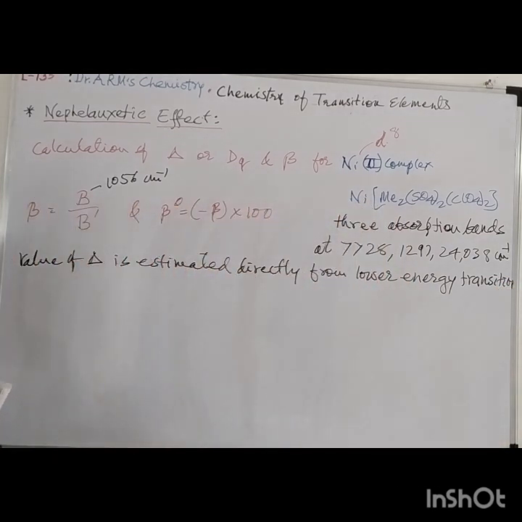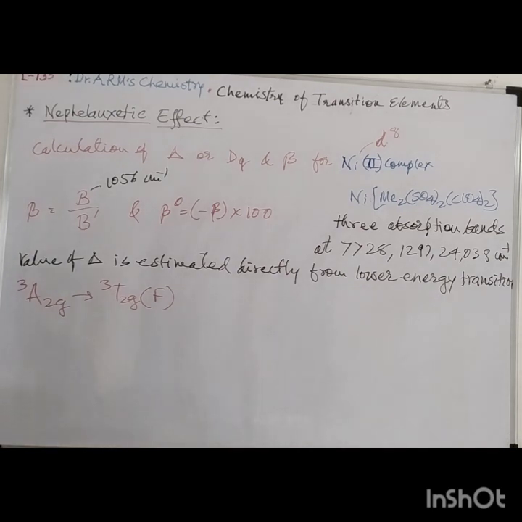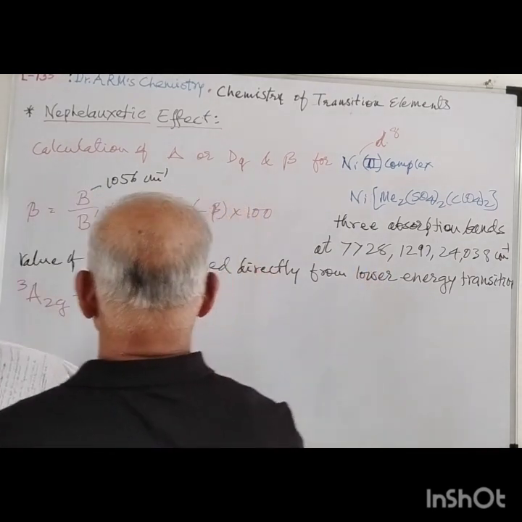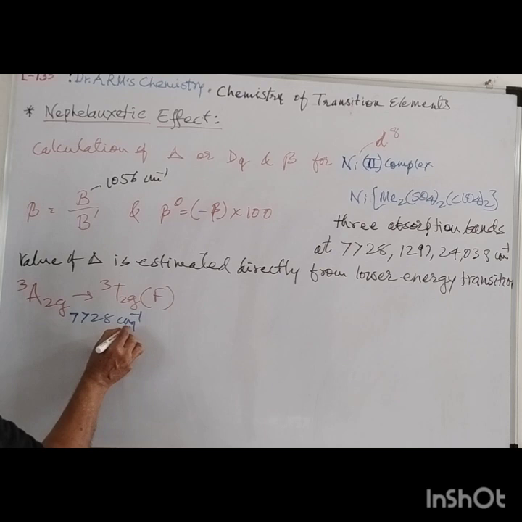Because the lower energy transition is triplet A2g to triplet T2g F. So this value is our energy, 7728 per centimeter.